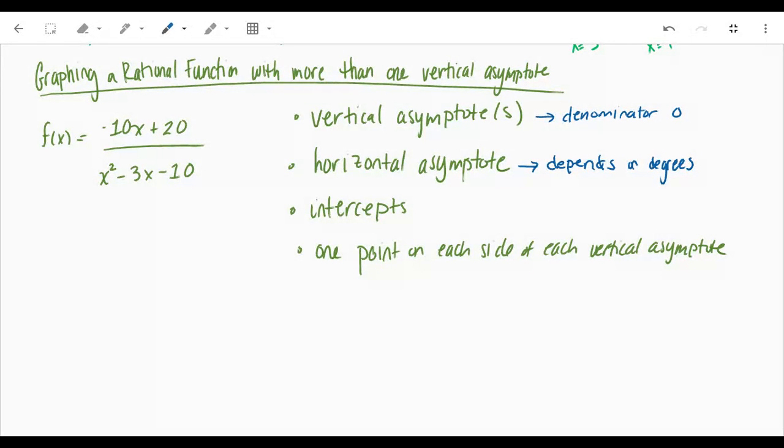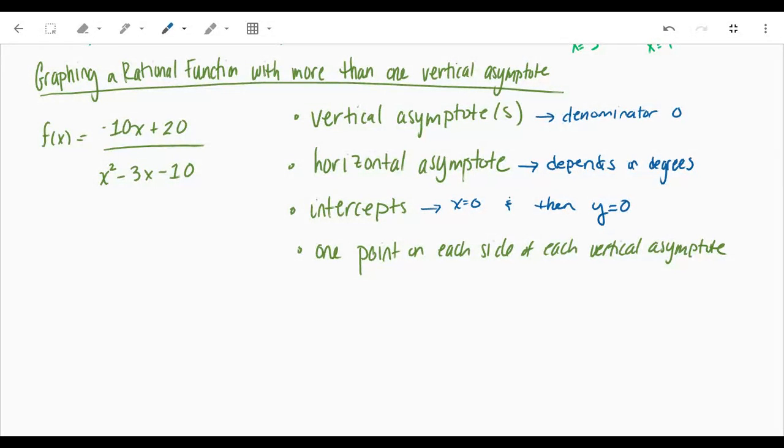They're kind of already telling you that it's going to be a horizontal asymptote, so we probably won't be doing that in any of these. If the degree is the same, remember you look at your leading terms. And if the degree of the numerator is less than the denominator, it's just going to be the x-axis. Okay? Your intercepts, when x equals 0, and then, not at the same time, y equals 0. Okay, and then points you're just going to plug in for your equation.